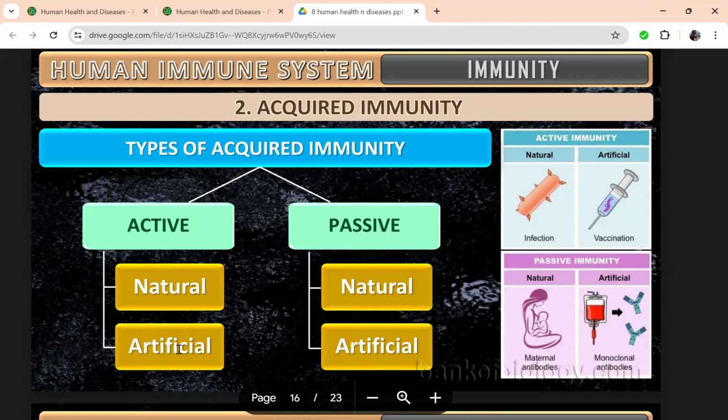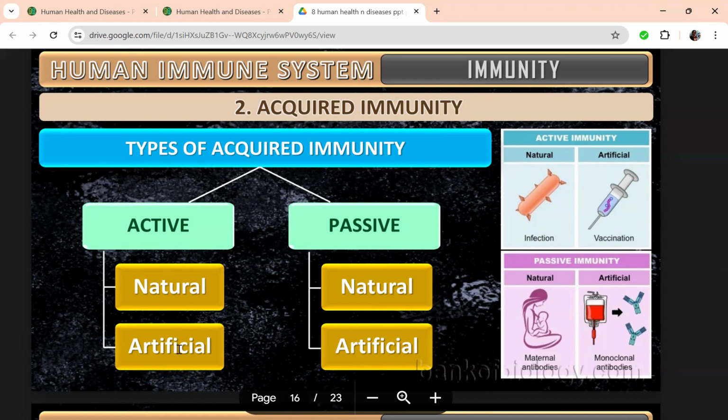Once I'm infected with chickenpox, it's stated that you cannot get it the second time. That is very common. So I'm being infected and I am having an immunity to the disease. Whereas artificial would be if it is by a vaccine. I am vaccinated against polio. Hence, there is a very high chance I would not get polio.